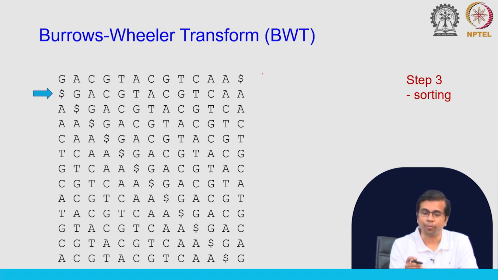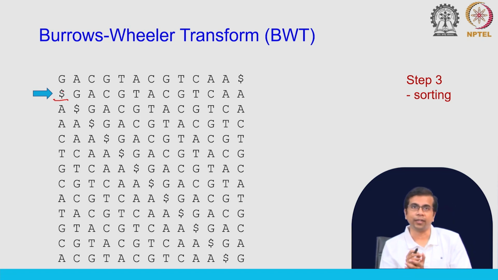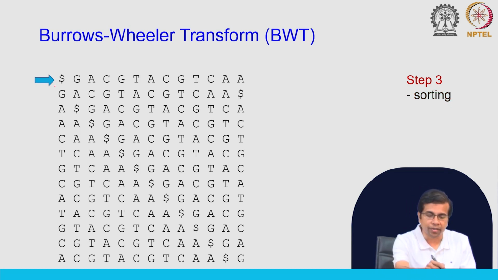The first one would be this one. Remember we mentioned dollar is smaller than the rest of the letters, so this will come first. We bring it to the first position. This is the first string.